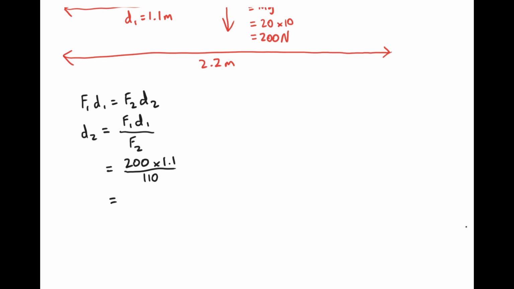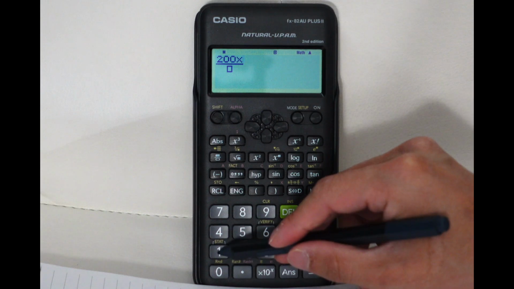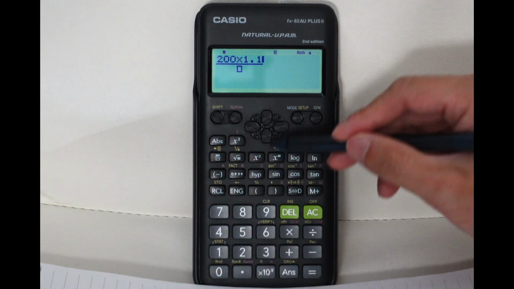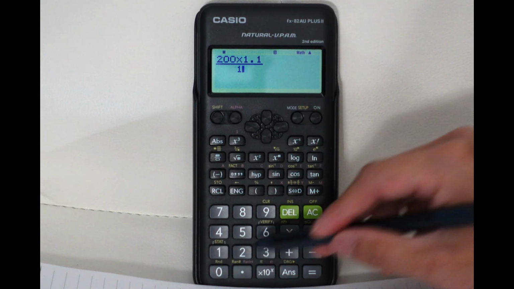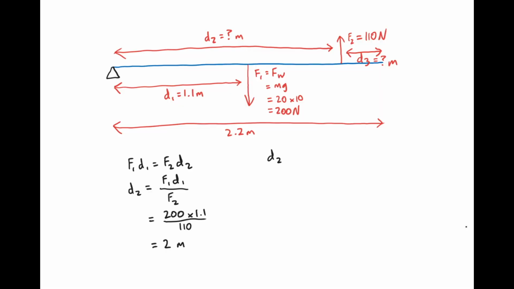If we put that into the calculator, press the fraction button, then 200 times 1.1, arrow down, then enter 110. So d2 is equal to 2 meters. To find d3, we will go 2.2 minus 2, which gives us an answer of 0.2 meters.